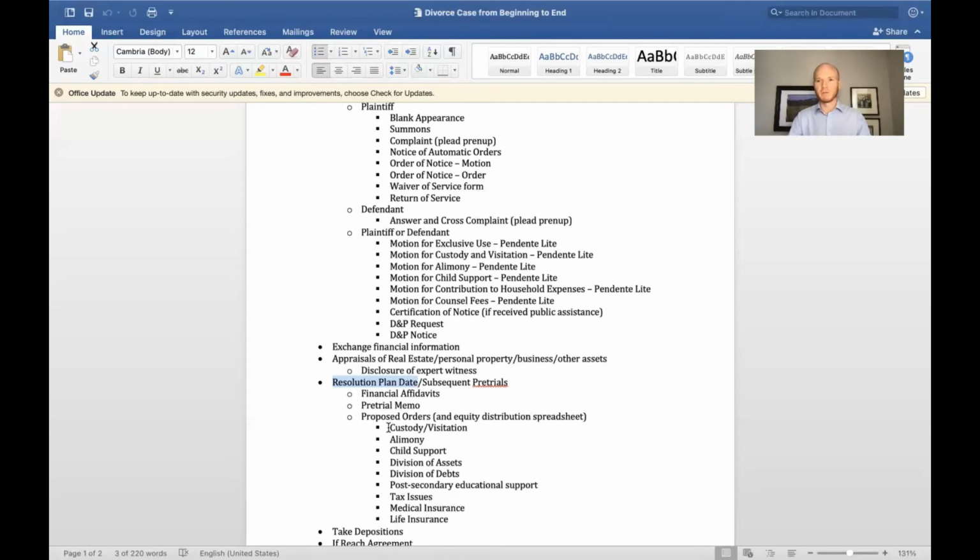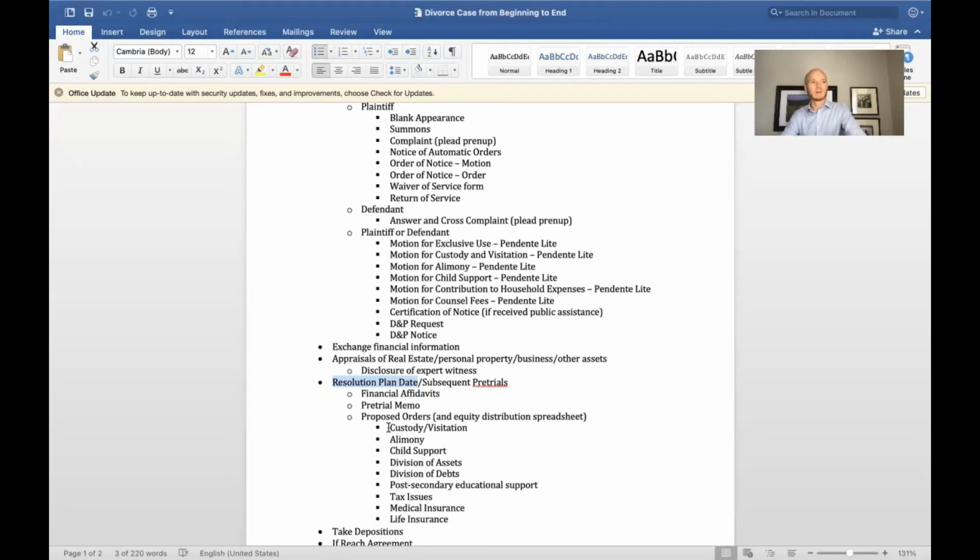And if there is a full evaluation and we know what family relations is going to be recommending, it's easier for parties to reach an agreement, because they kind of see the writing on the wall and say, okay, well, if family relations is recommending a 50-50 schedule, the judge is probably going to follow the recommendation of family relations. So maybe let's reach an agreement rather than spending money on trial. That will often happen. So family relations is constantly trying to help people reach agreements in their case.